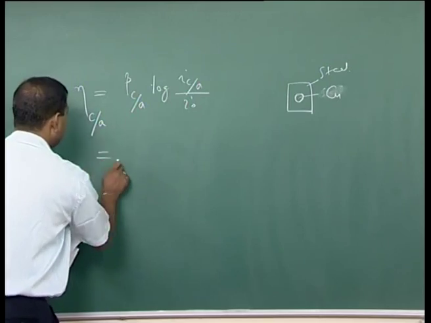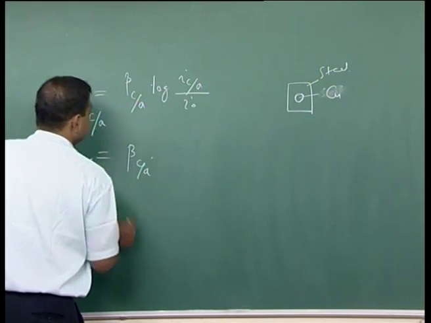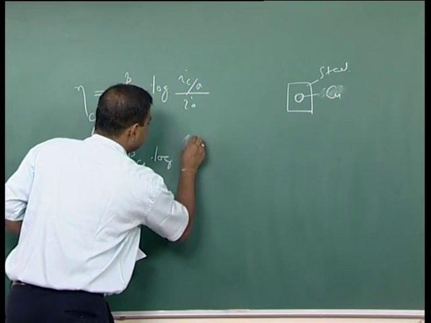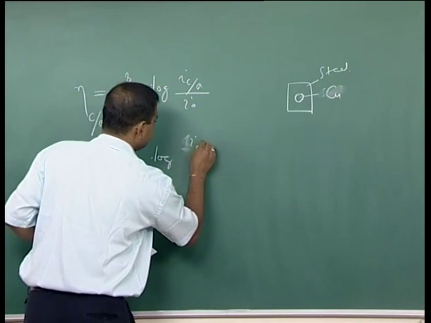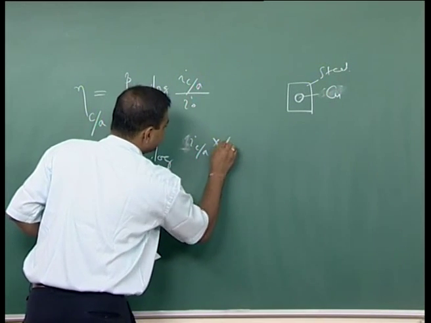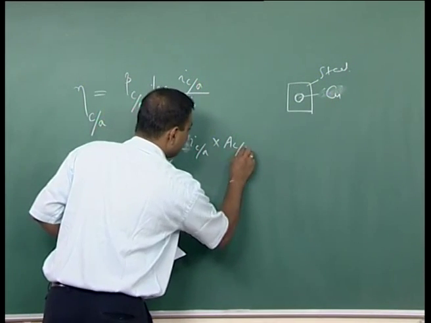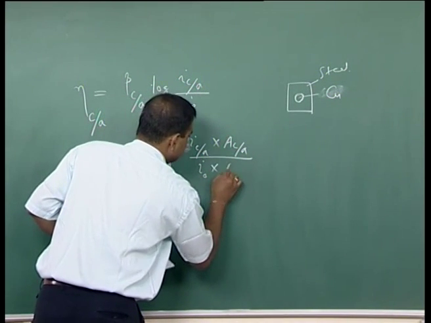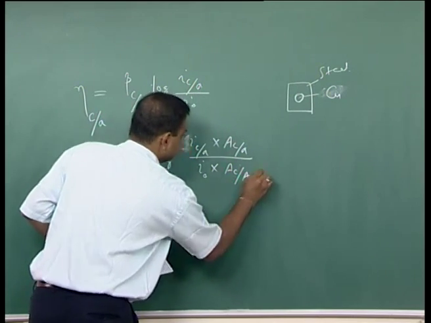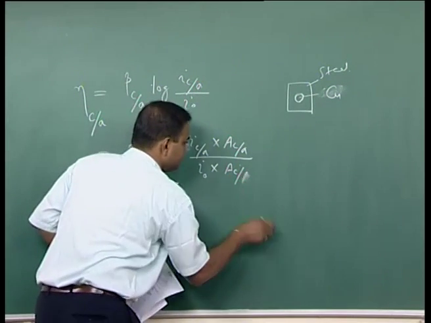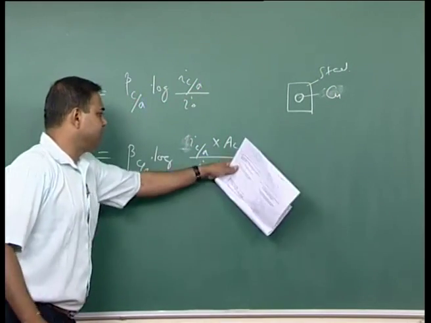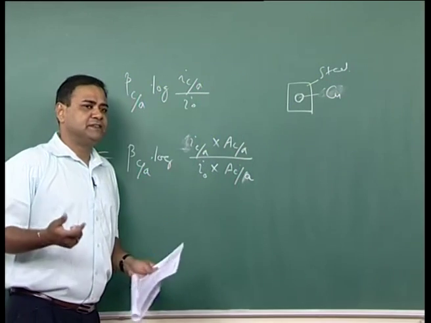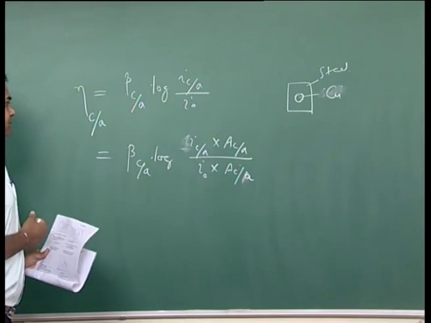Now, if you multiply by area, you can write it as I C or A divided by I0 into A C by A, where small a means anodic, small c means cathodic, and capital A is nothing but the area of that anodic or cathodic region.